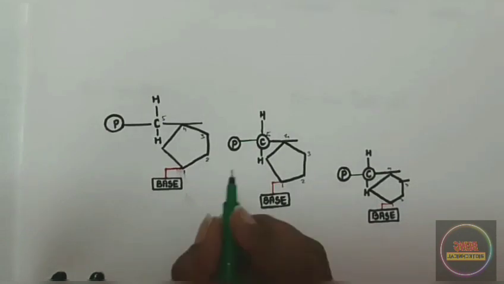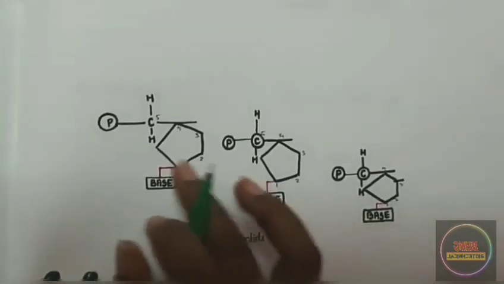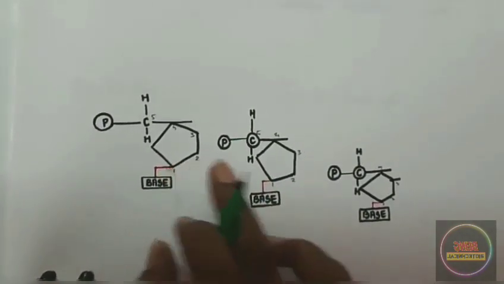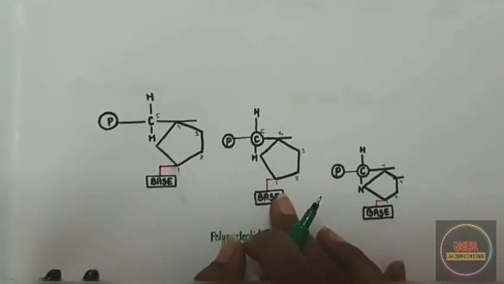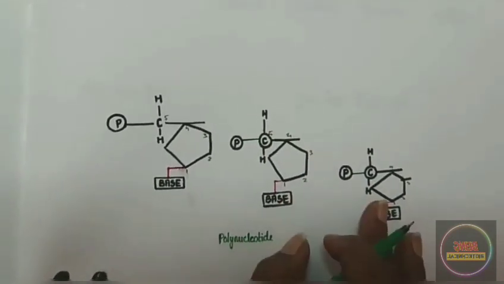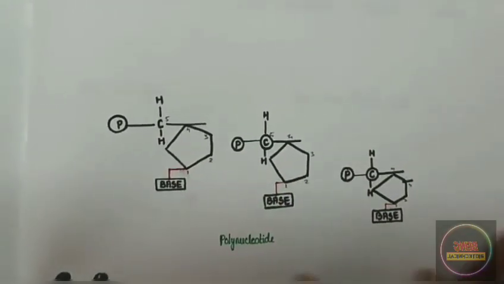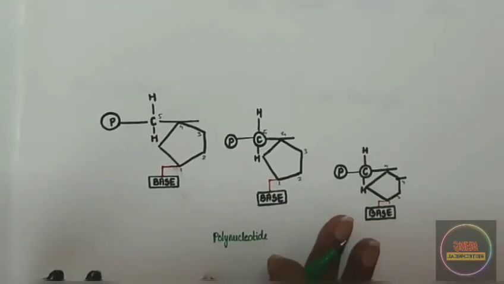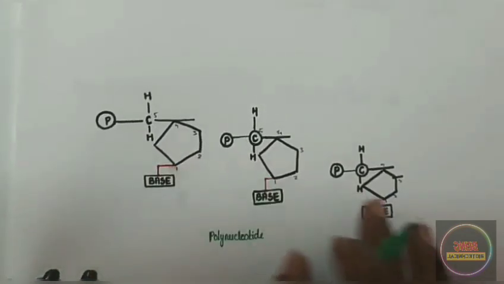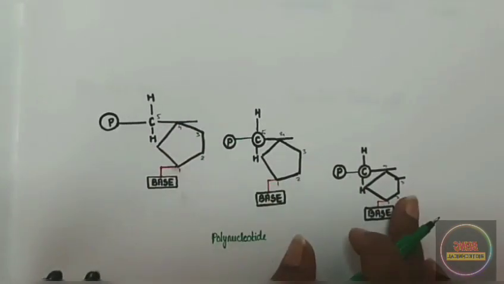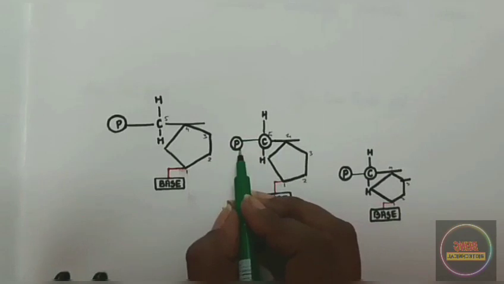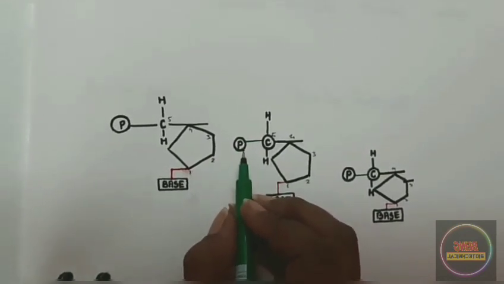So look at this carefully. This is the structure of a nucleotide and this is the structure of another nucleotide and so on. This is one nucleotide, this is two nucleotides and so on. These nucleotides will be joined to one another by phosphodiester bonds.